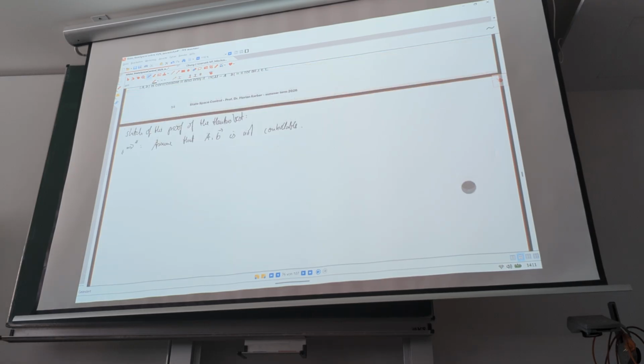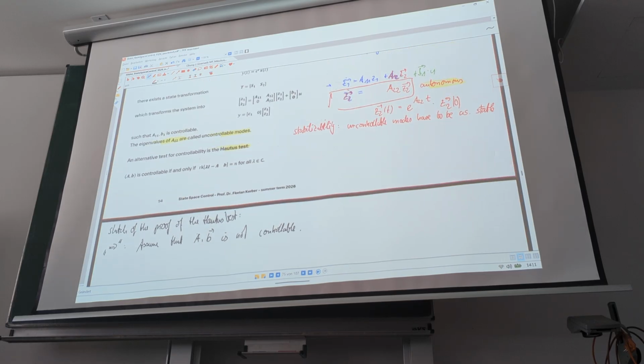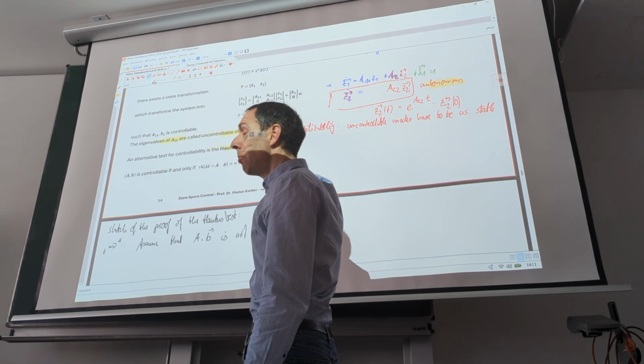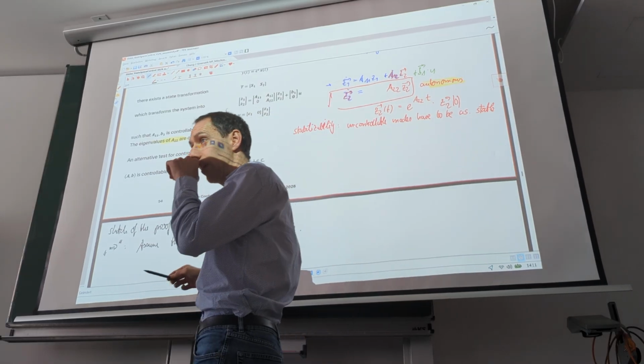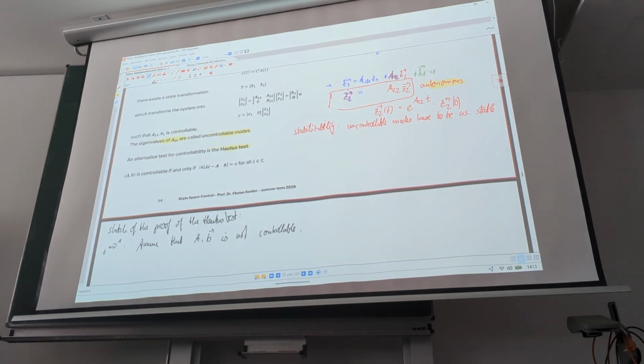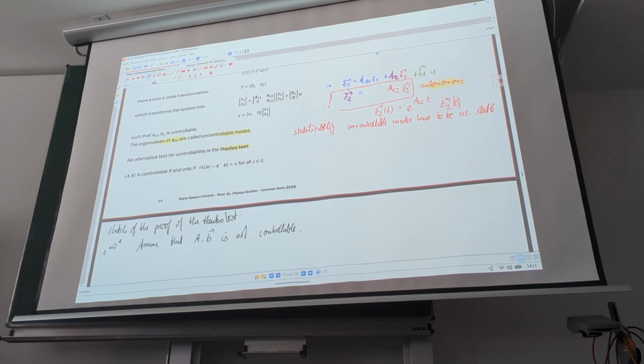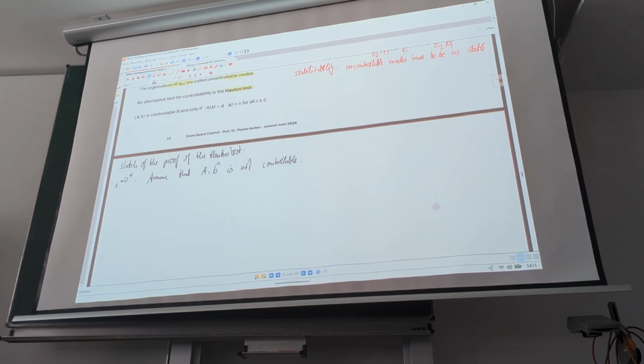If it is not controllable, then there exists a transformation which brings the system into this form, where A21 is a zero matrix and A22 is not. Then we can find an autonomous part of the state space which we cannot influence.